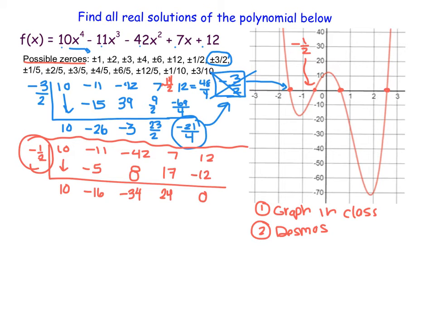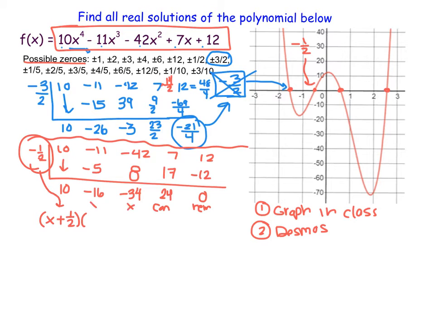So what I can do here is rewrite this polynomial with the factor x plus 1/2, because remember it's the opposite of what this is. So that's what I have as my factor, x plus 1/2. And I can then include this next part here. So this was my remainder, so this is my constant, my x squared, and my x cubed.